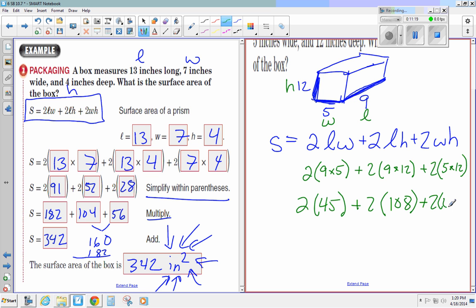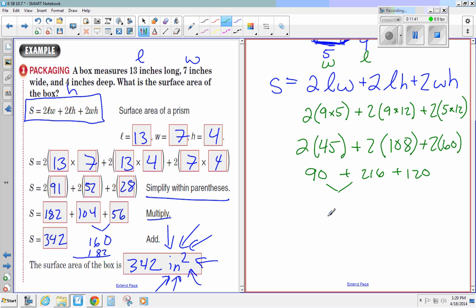5 times 12 is 60. All right, doubling things. That's 90, 216, 120. Combine these two together.